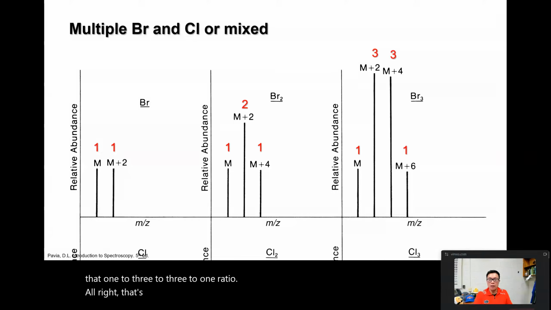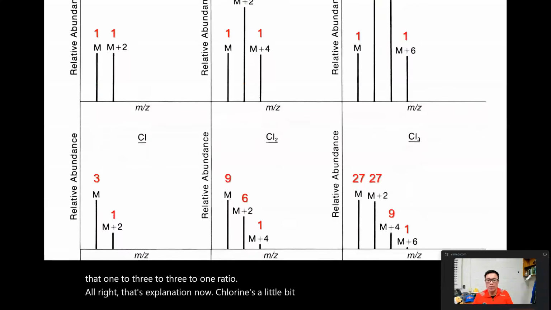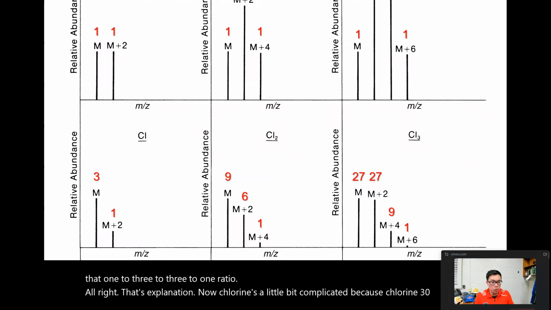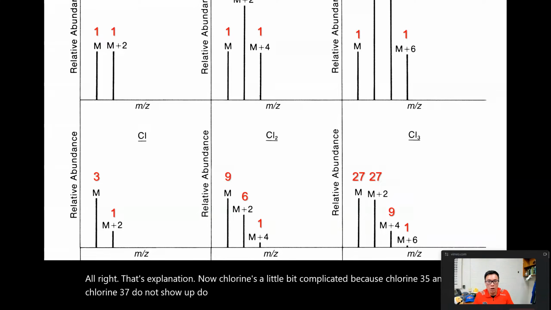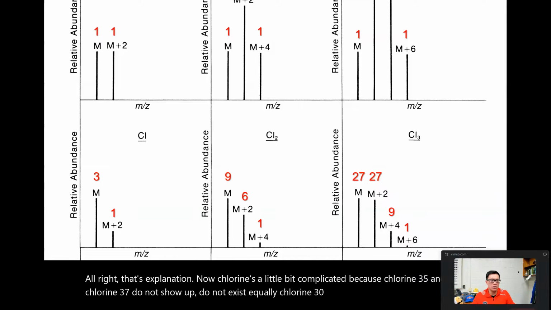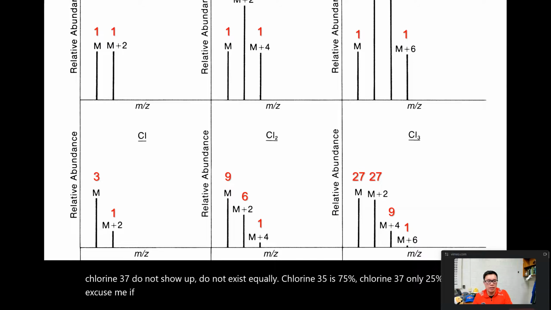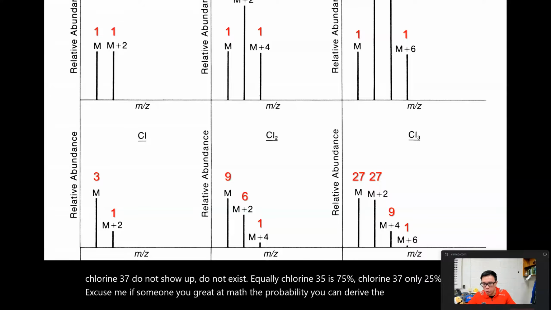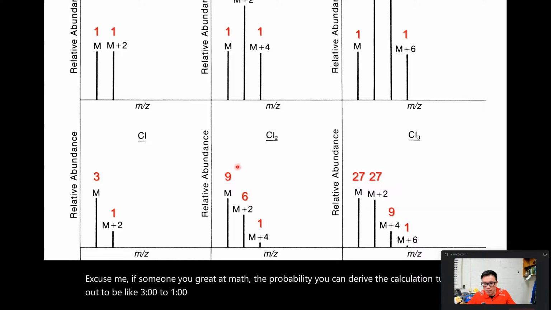Now, chlorine is a little bit complicated because chlorine 35 and chlorine 37 do not exist equally. Chlorine 35 is 75%, chlorine 37 is only 25%. If you're great at math, you can derive the calculation, which turns out to be 3-to-1 ratio for 1 chlorine, 9-to-6-to-1 for 2 chlorine, and 27-27-9-1 for 3 chlorine.